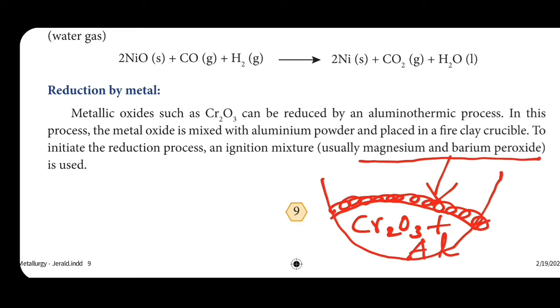If we ignite this mixture, heat is produced. Because of that heating only, that Cr2O3 is reduced to chromium. For explaining this process, in next page, two reactions are given.